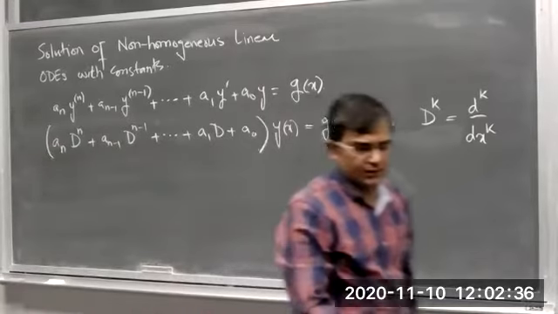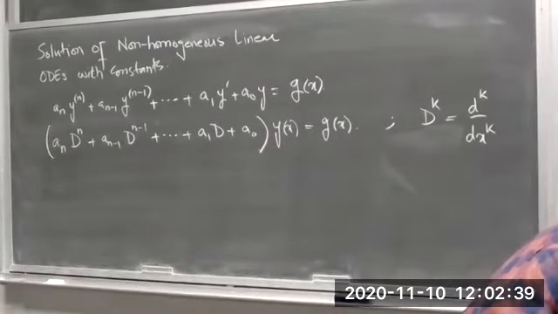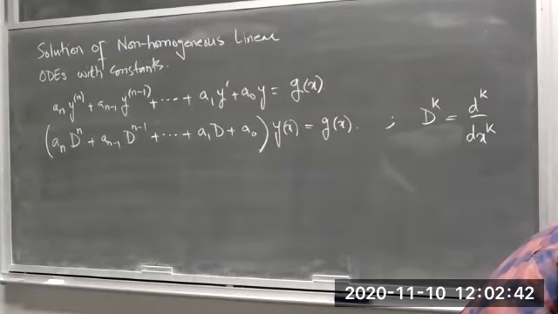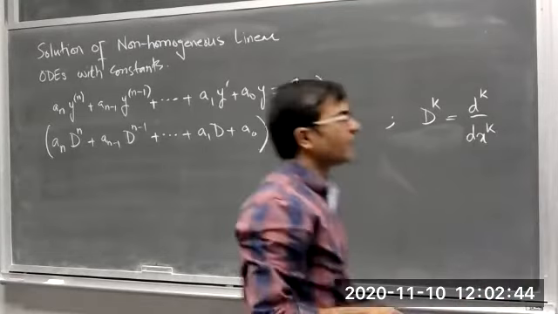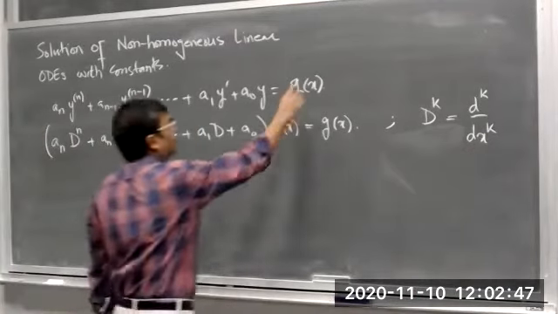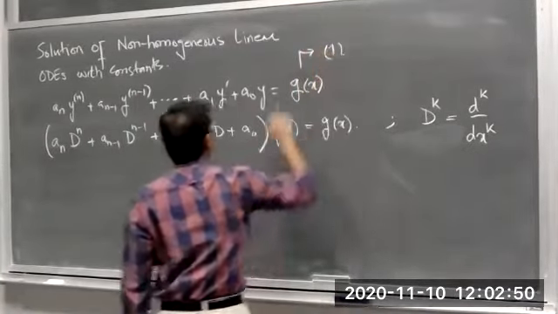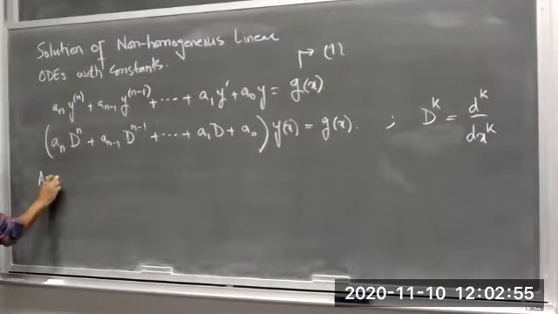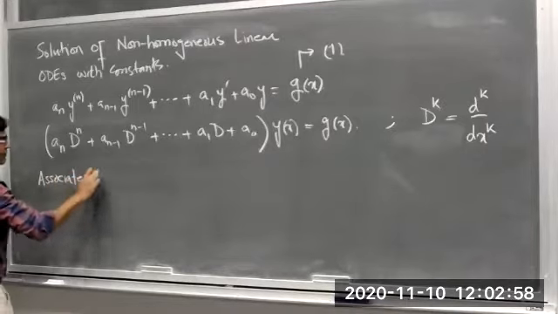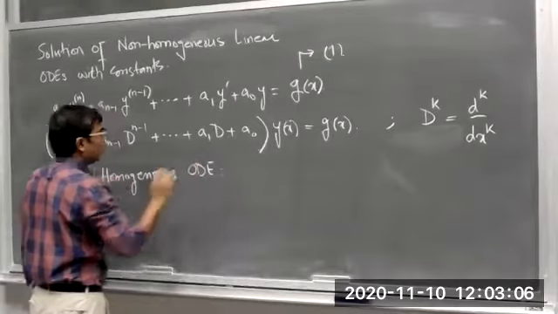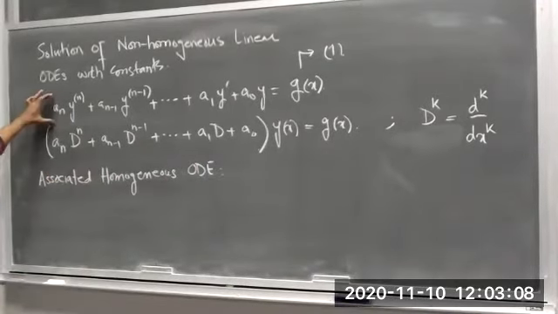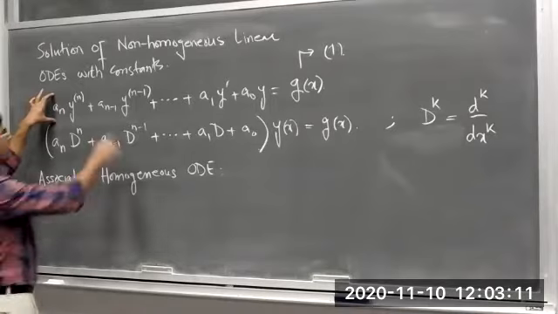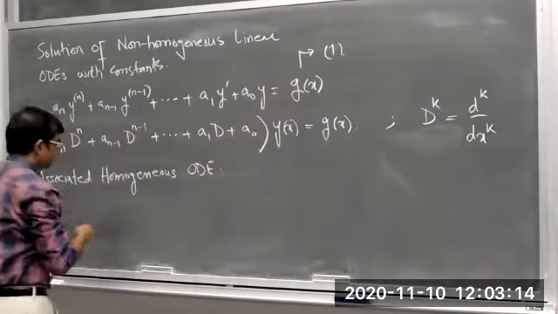Now, I hope you know how to solve a homogeneous differential equation. We call this equation 1. Then the associated homogeneous ODE is basically this whole thing equal to 0.